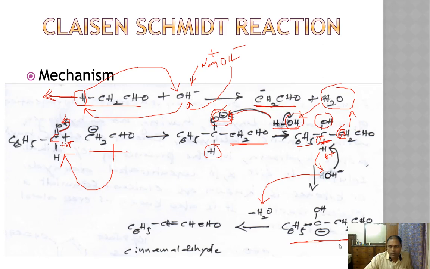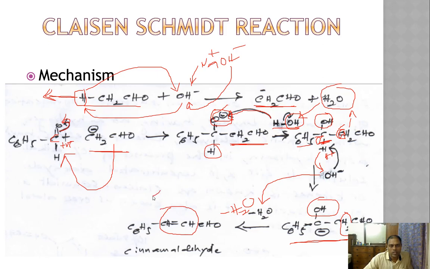Now what will happen? One more molecule of water is removed, this OH group and one of the hydrogens from here, and because of that the double bond is going to form over here.